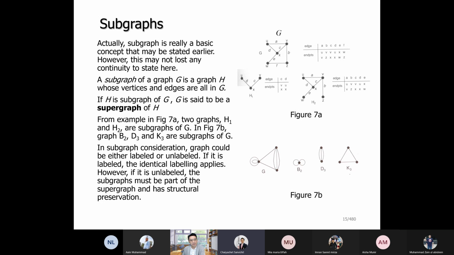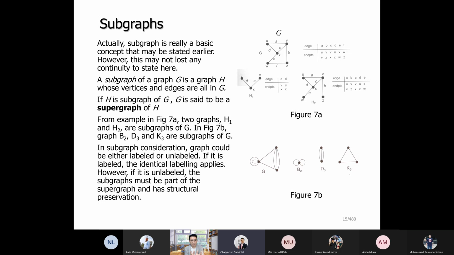A subgraph is a graph H whose vertices and edges are all in G. They might not have the same number of vertices as the original graph, could be a subset of those. Some of those will appear in the new graph. H is the subgraph of G, so G would be called the supergraph of H. So we have a bigger one and a smaller version of those.